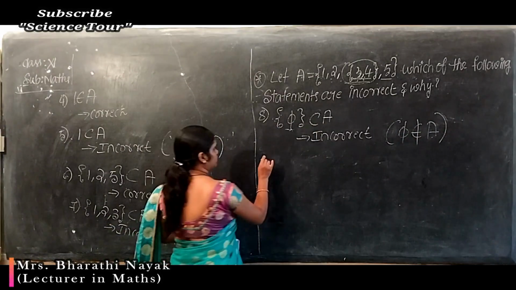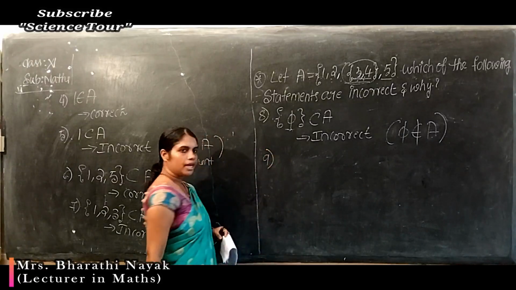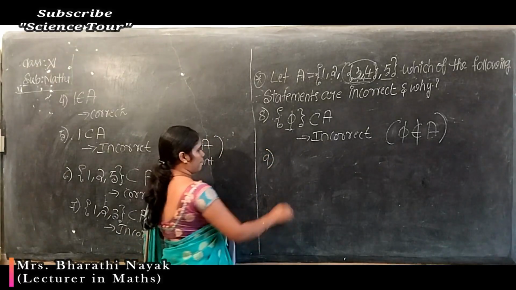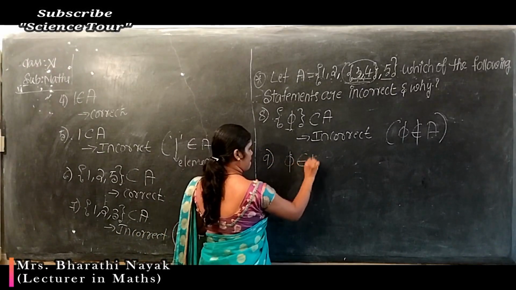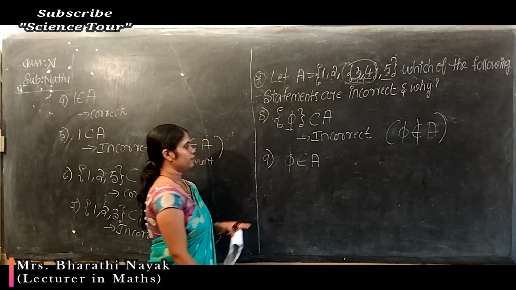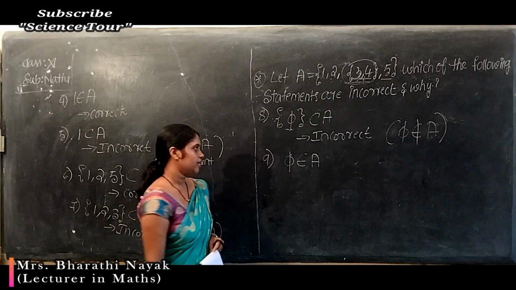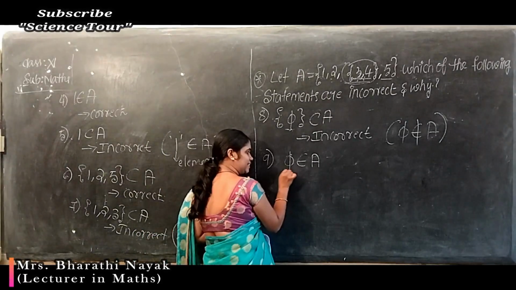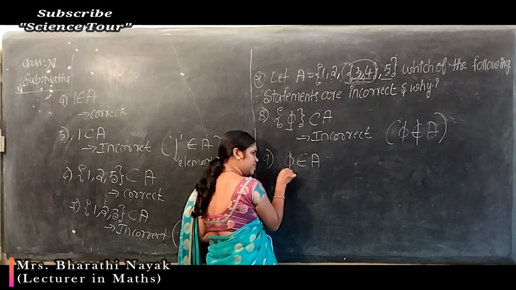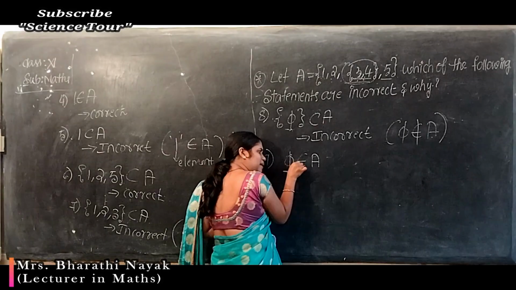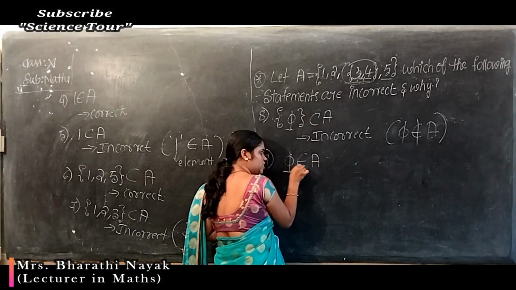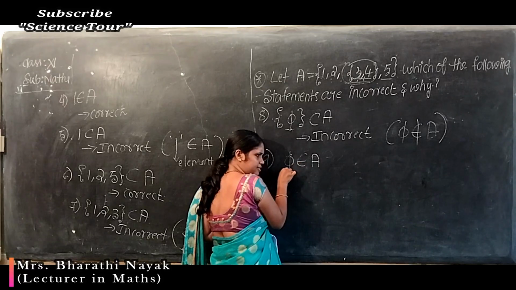Okay, next, 9th one. See once, empty set belongs to A. Empty set means this is one of the sets. Whether a set can belong to A, can I use the symbol for this set?